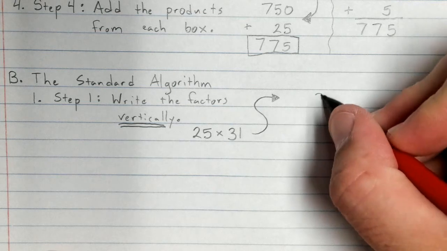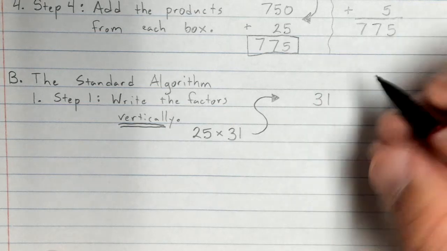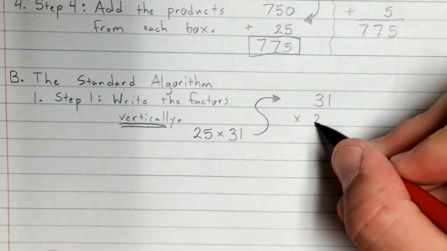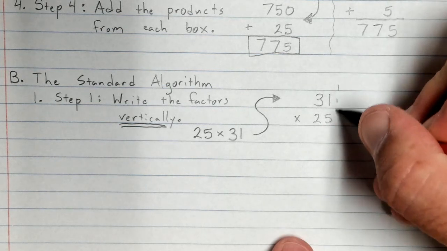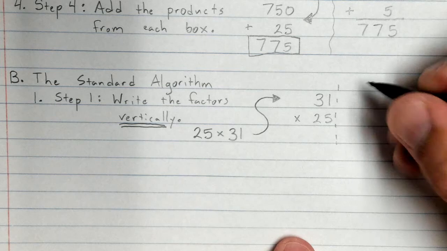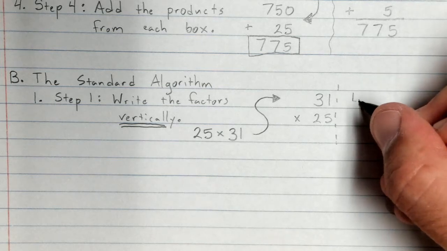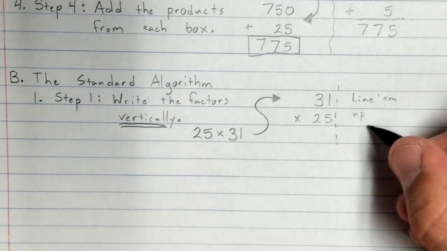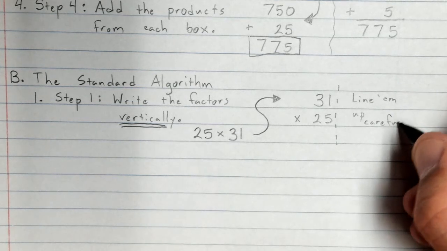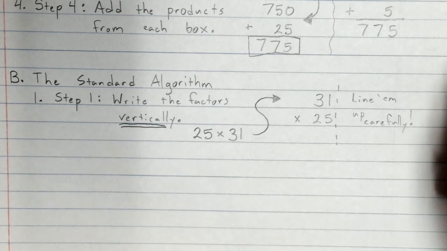Okay, 31 times 25. Now, you want to line them up very carefully.